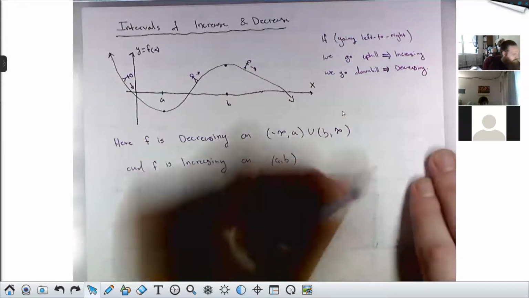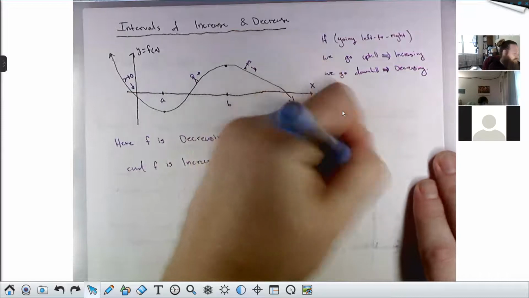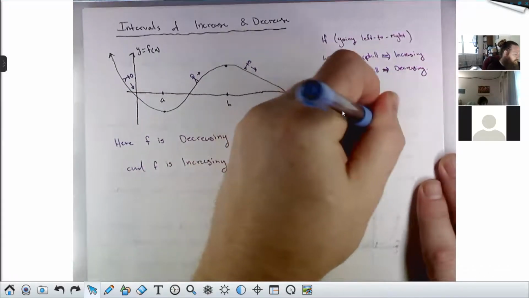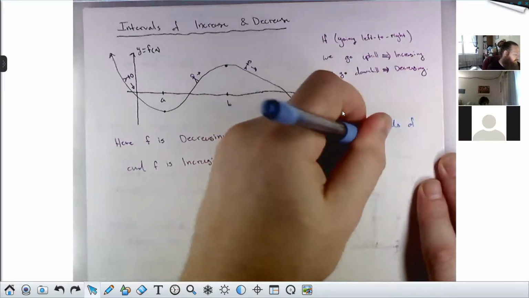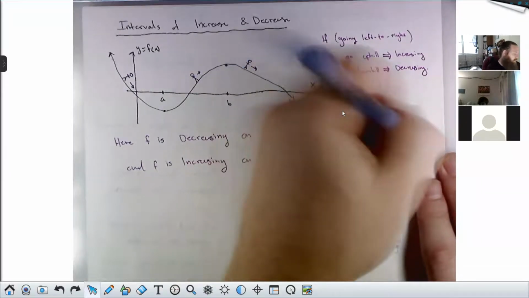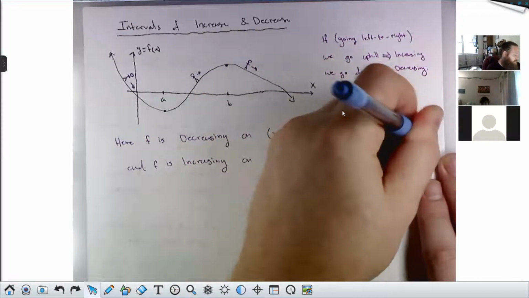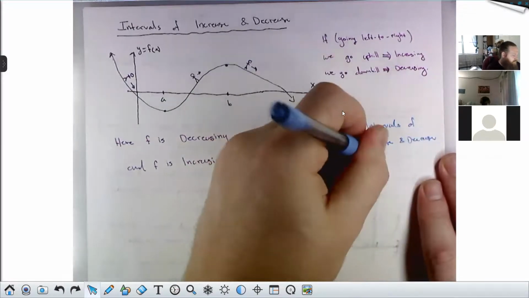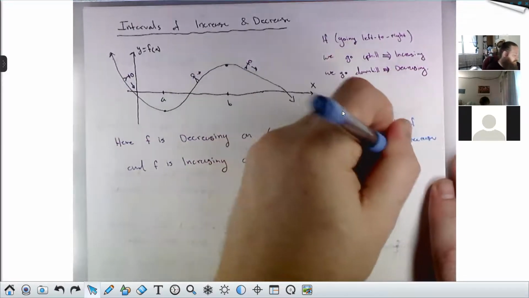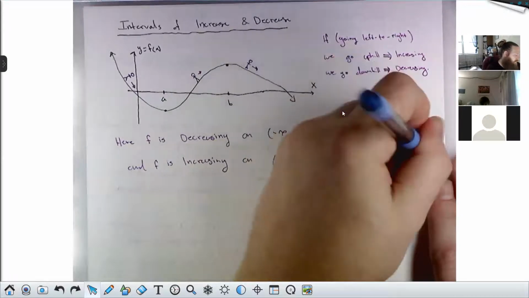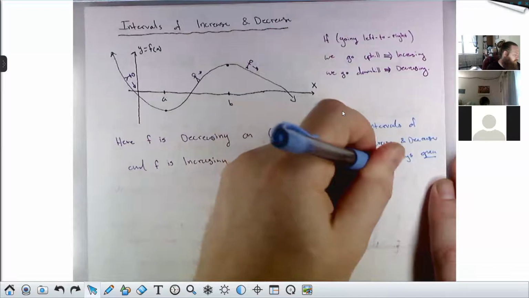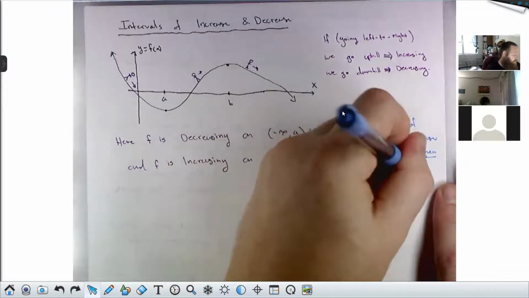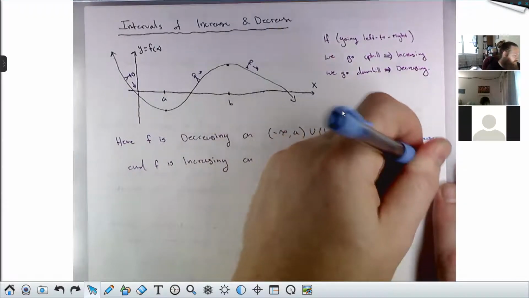And the note: intervals of increase and decrease are always open intervals of x values.